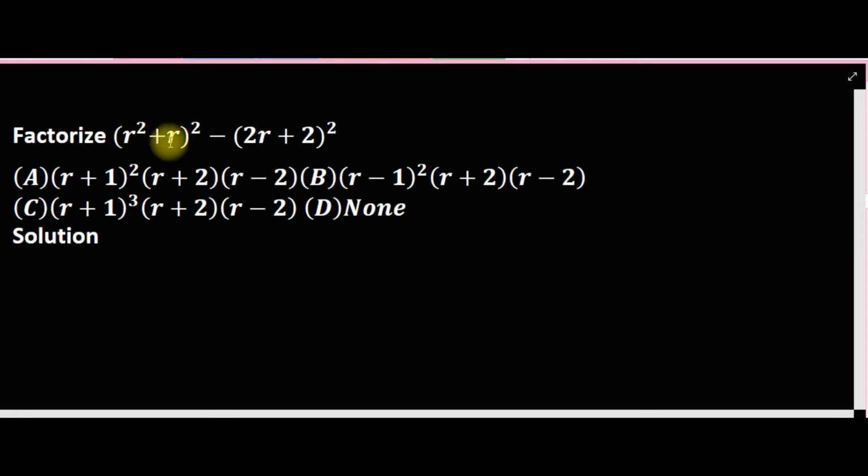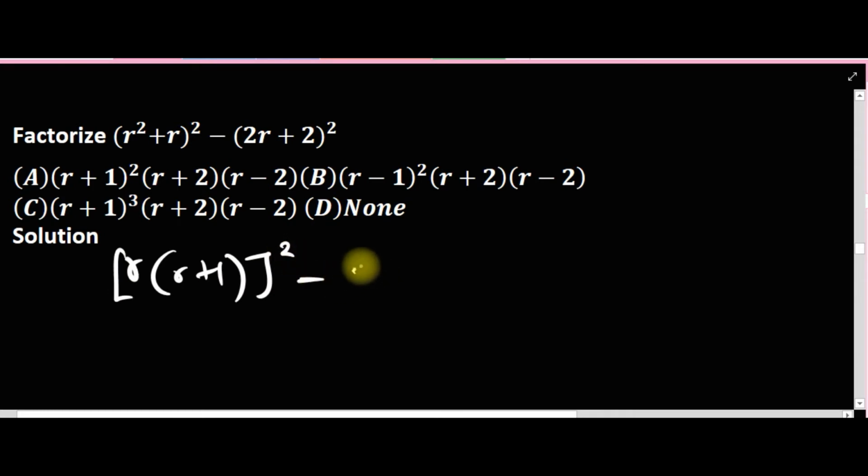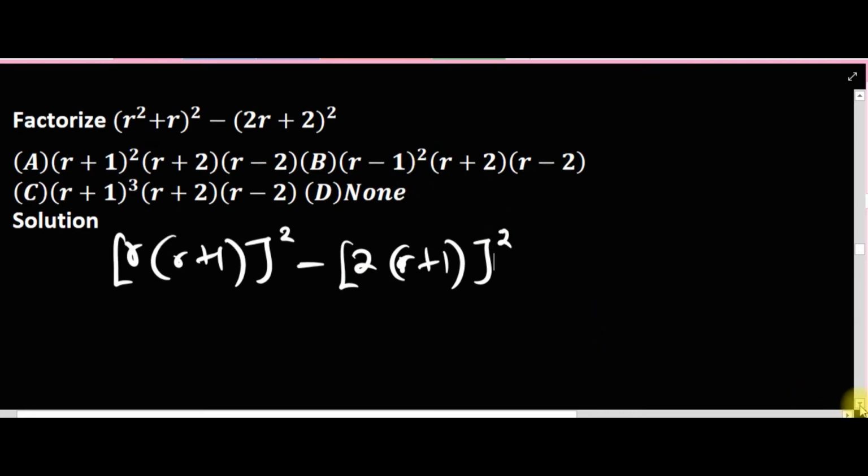I'm seeing r is common here, I'm still seeing 2 is common, so I can bring out my r here as r plus 1 all squared minus, bring out 2, we have r plus 1 all squared. So let's start like this.